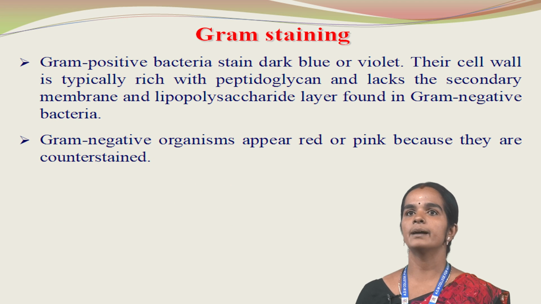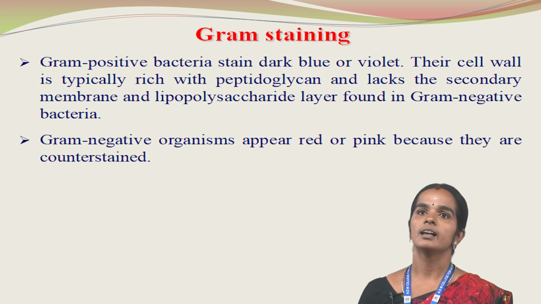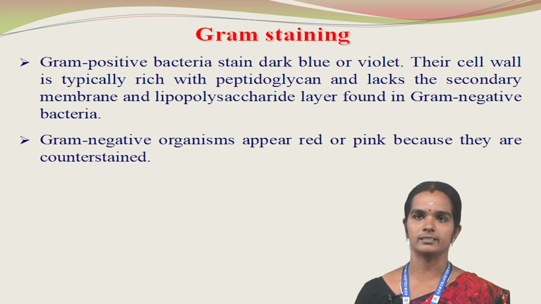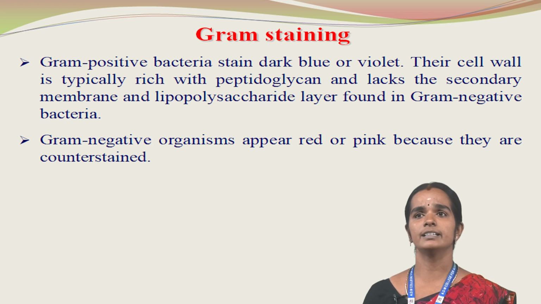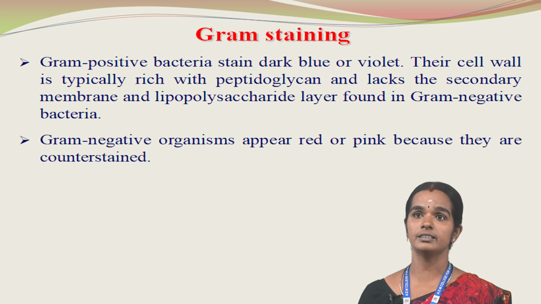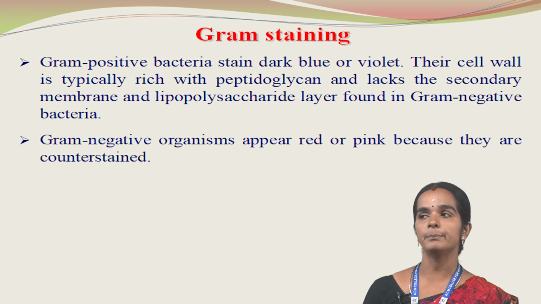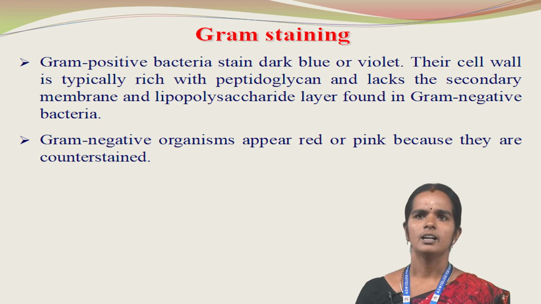This is also the gram-positive bacteria process. Gram-positive bacteria stain dark blue or violet. Their cell wall is typically rich in peptidoglycan and lacks the secondary membrane and lipopolysaccharide layers found in gram-negative bacteria.